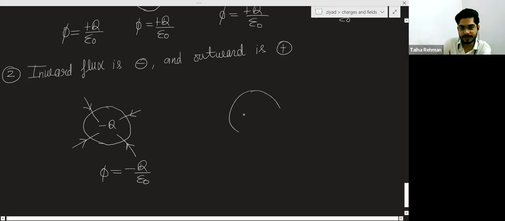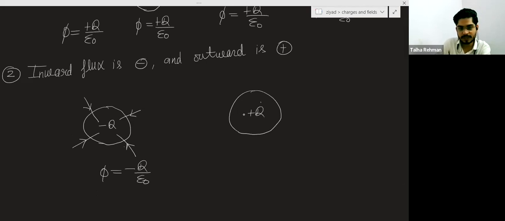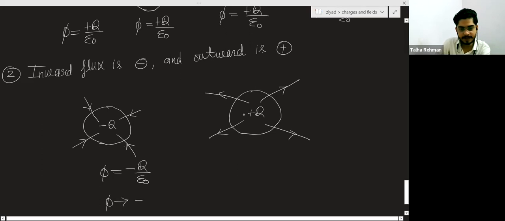Now suppose you have a plus q charge. So this time the electric field lines will be like this, and this flux you will take as positive, while the other flux is negative. Here phi is negative. Why is phi negative?